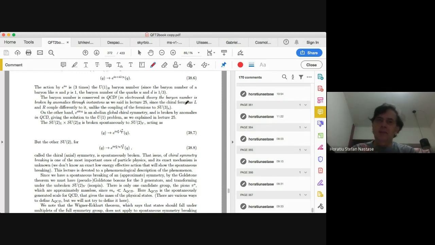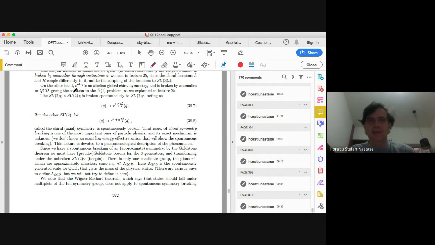And the reason was that chiral fermions left and right couple differently to it, which means the anomalies do not cancel between left and right, unlike the coupling of the fermions to the SU3. So the coupling of the fermions to SU3 is symmetric with respect to left and right, and that's why the anomaly cancels. But for SU2, it doesn't. So there's an anomaly, and therefore in electroweak we have breaking of baryon symmetry, but not in QCD.